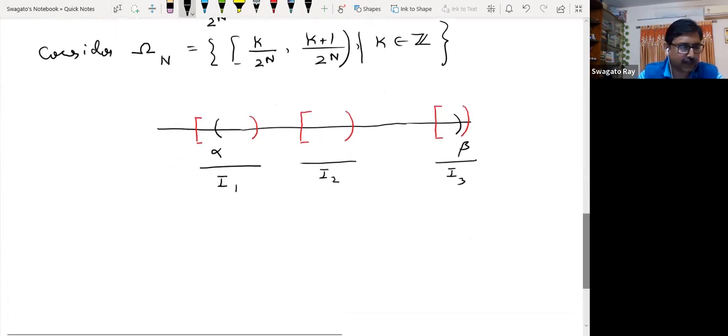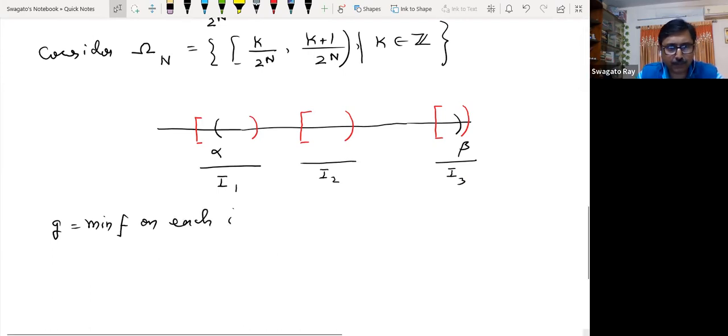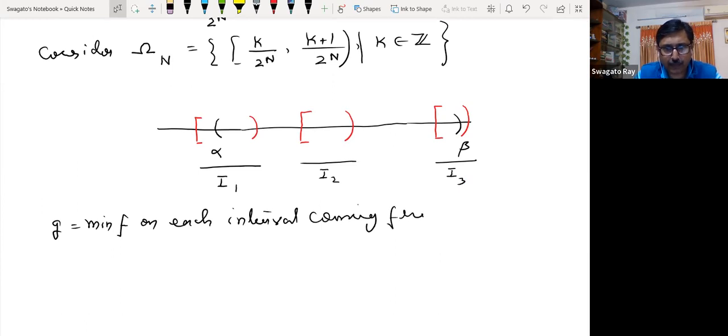We now quickly define G equals to simply minimum of f on each interval coming from omega capital N, and define H to be equals to maximum of f.